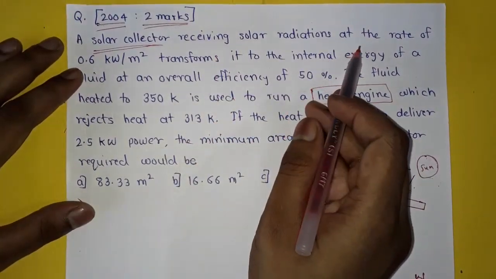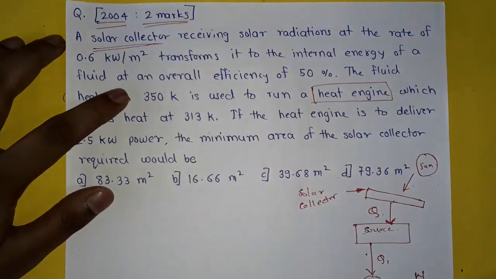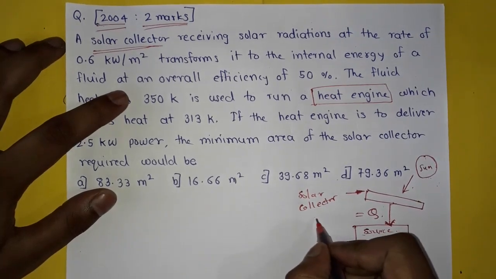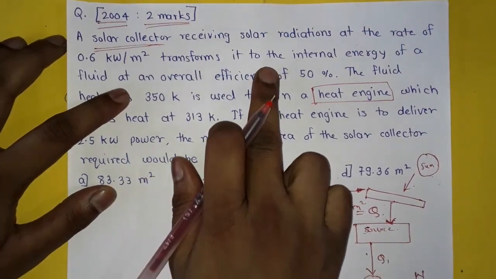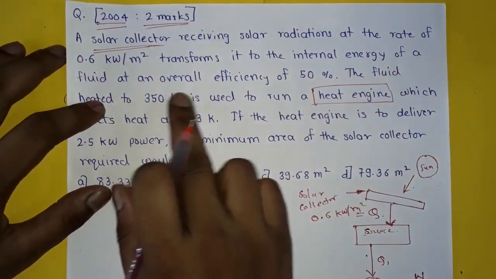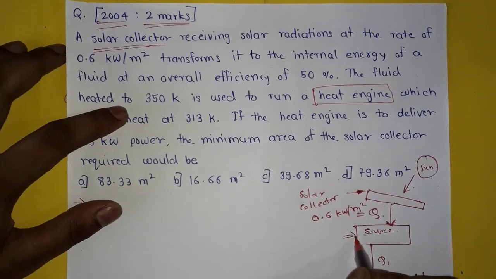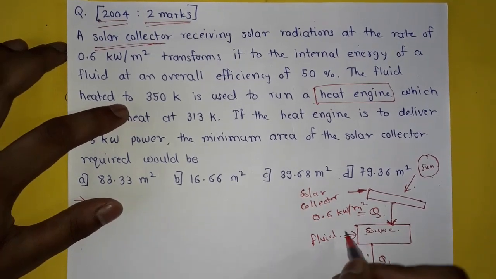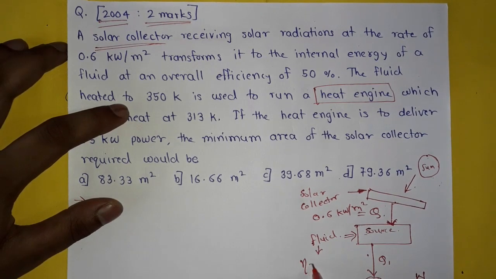So see the question. The solar collector receiving solar radiations at the rate of 0.6 kilowatt per meter square. So here Q is 0.6 kilowatt per meter square, transforms it into the internal energy of the fluid at an overall efficiency of 50%. So in this source there is a fluid which has the overall efficiency of 50%. Efficiency of the fluid is 50%.